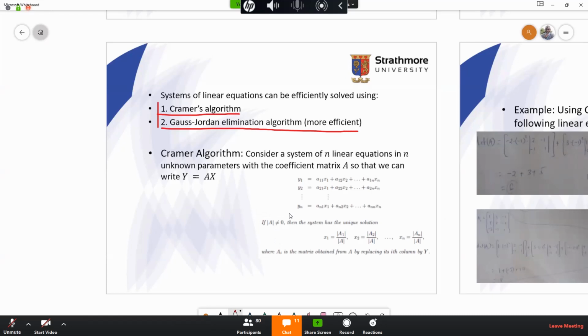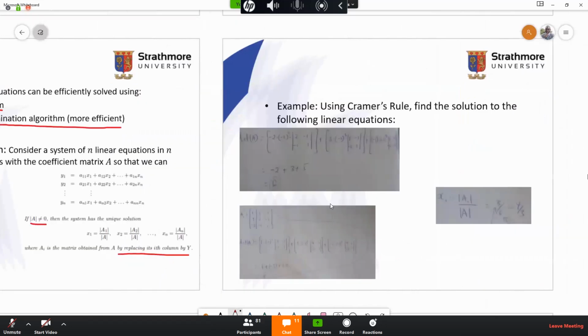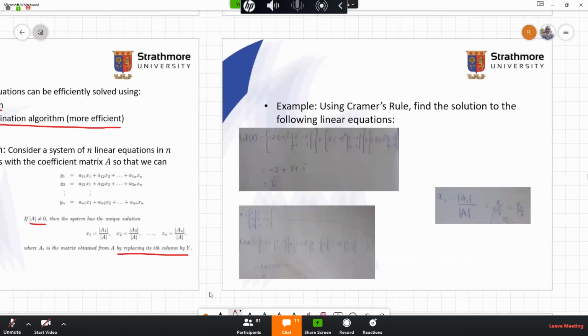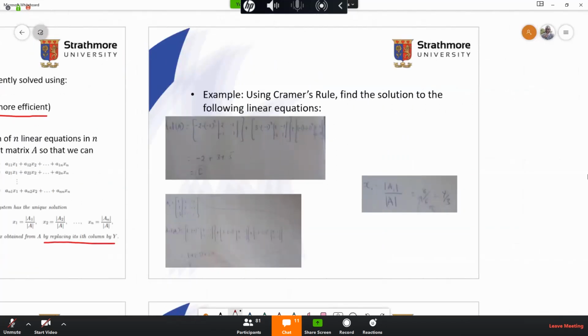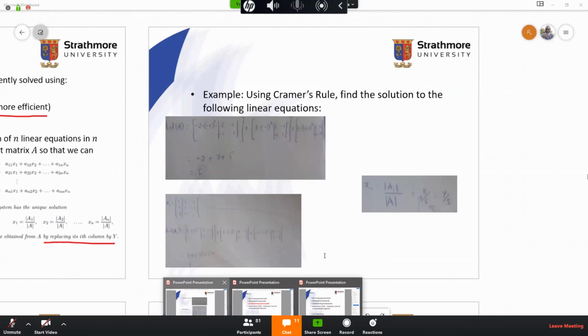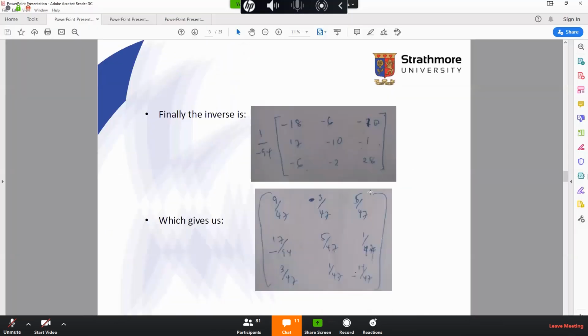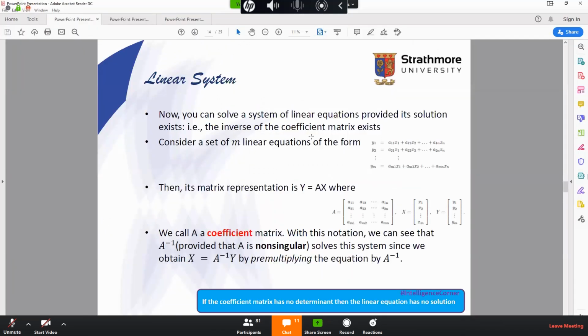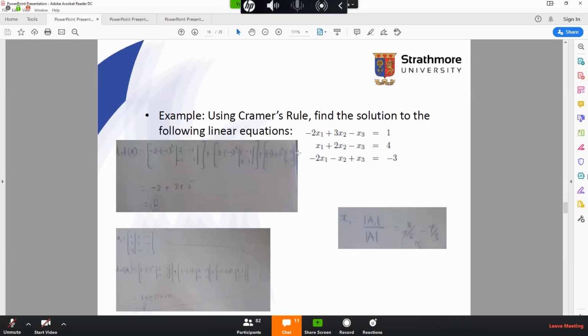So an example is here. This is how Cramer's works. You have a determinant of the coefficient matrix. Then you have to form another matrix from the coefficient matrix by replacing a column. So for example, you're given, yes, 2x1, etc. You can see this on your end.